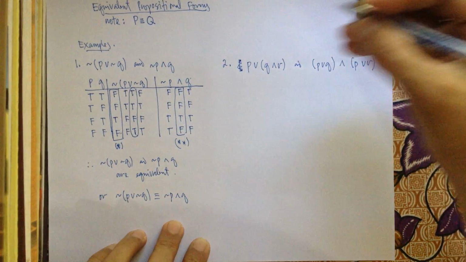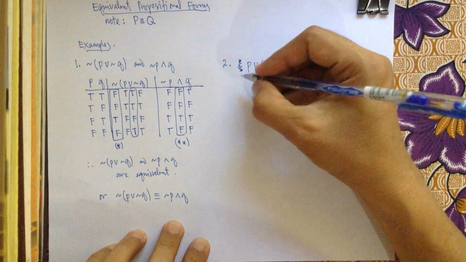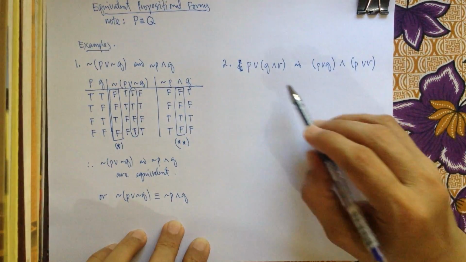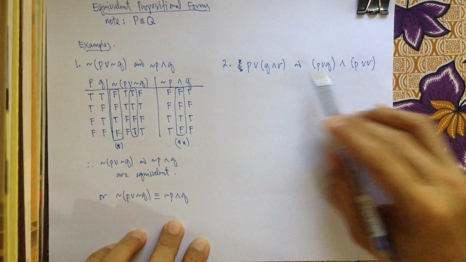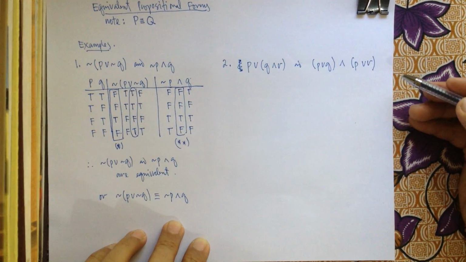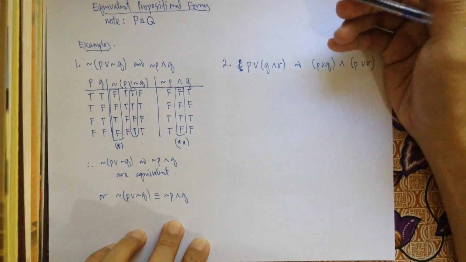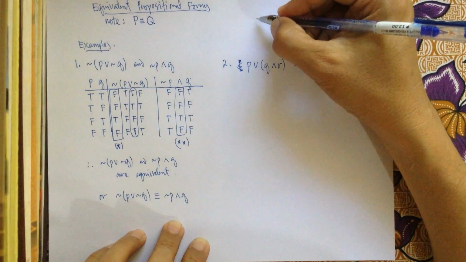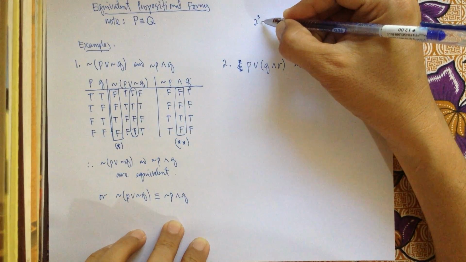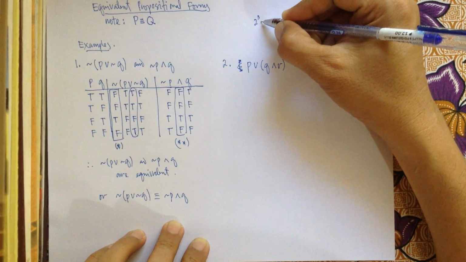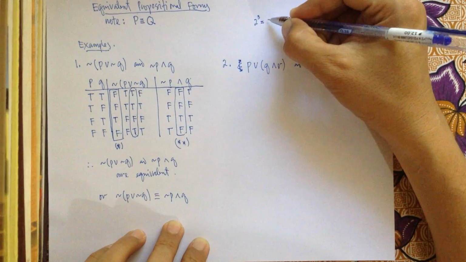How do we determine that? By again using the truth table. But you will see here that you have P, Q, and R, so that means you have 3 propositional variables. That means there are 2 cubed, or 2 to the 3, possible combinations, which is 8.